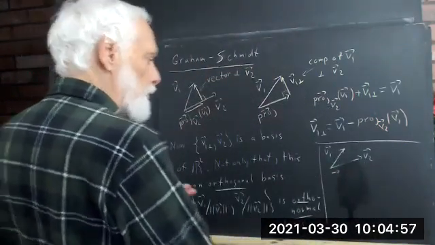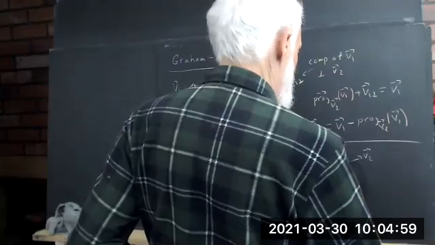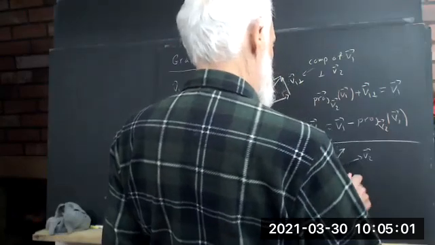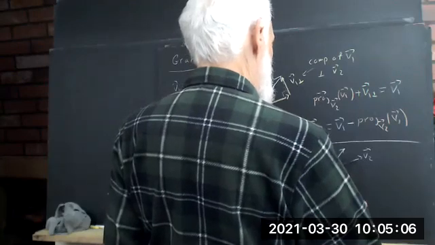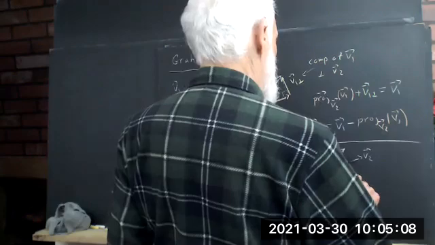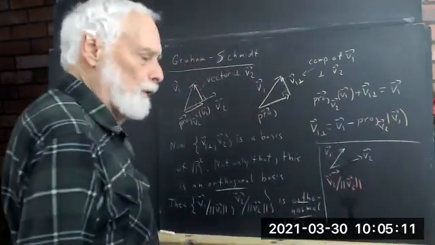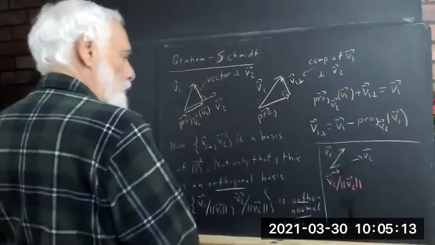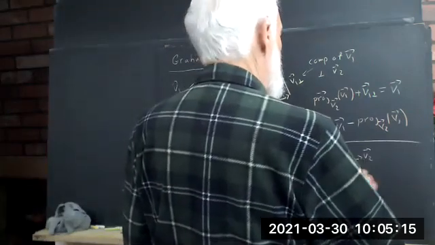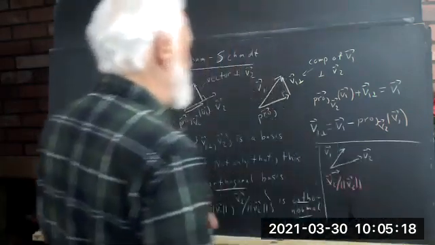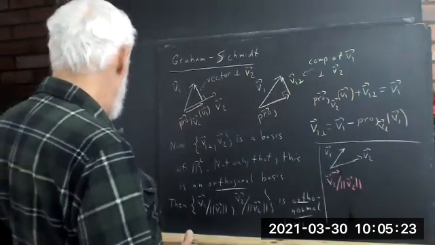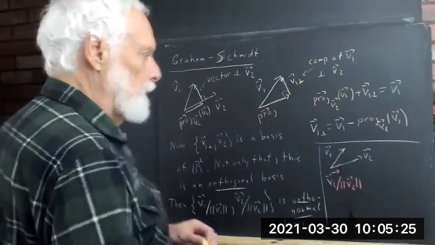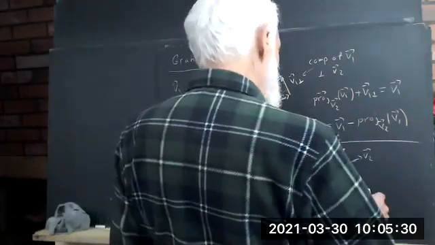Okay, this vector here is V2 over the magnitude of V2. Well, that simplifies calculation of the projection, so we can easily show that.